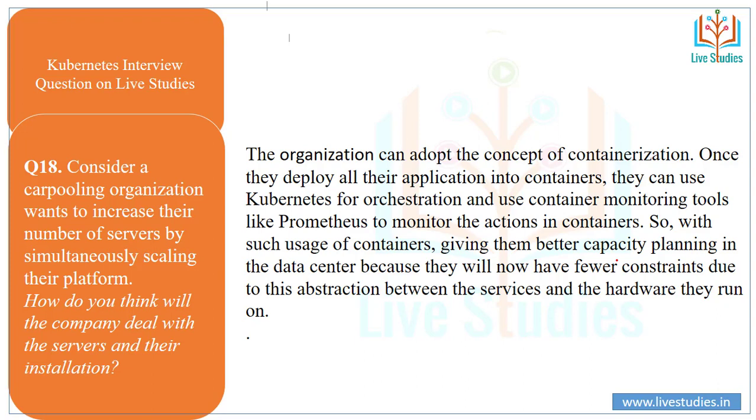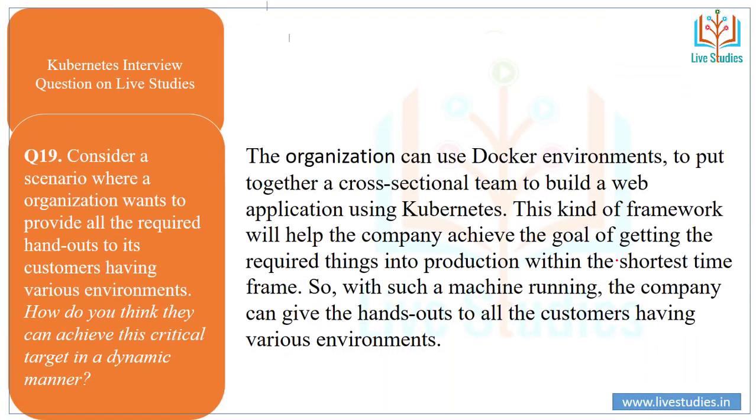Once they deploy all their applications into containers, they can use Kubernetes for orchestration and use container monitoring tools like Prometheus to monitor the activity in containers. With such usage of containers, they get better capacity planning in the data center, because they will now have fewer constraints due to the abstraction between the service and the hardware they run on.